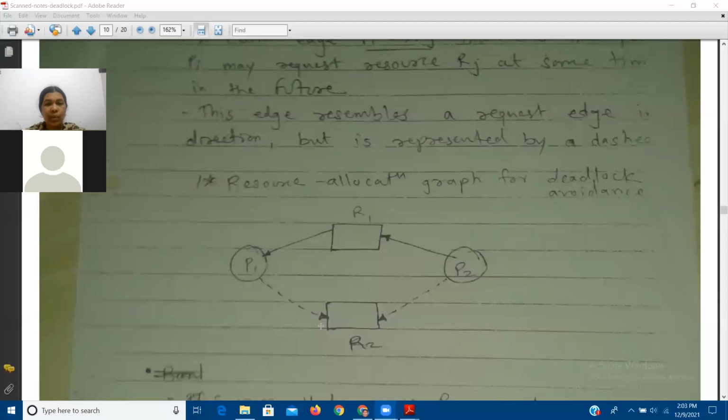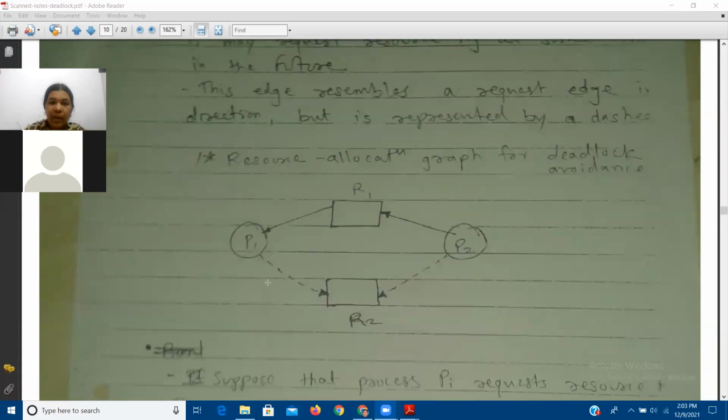It is assumed that R1 as well as R2 have only a single instance. Resource R1 is allocated to process P1, and process P2 is requesting resource R1.